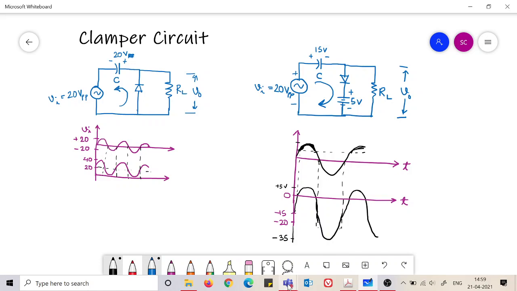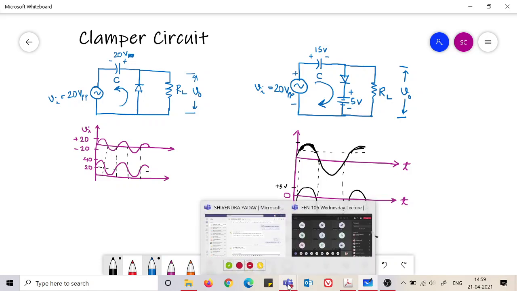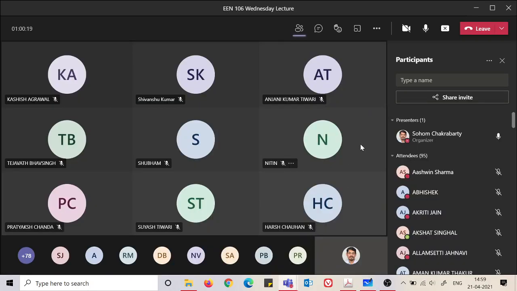So with this, I would end today's lecture, and in the next lecture I will go into some more special circuits of the diodes. There are some voltage multiplier circuits, and with that I will end the diode section of this course.